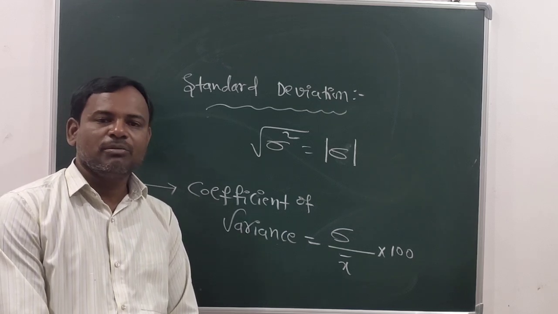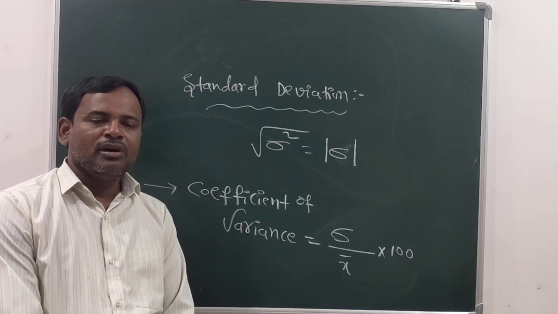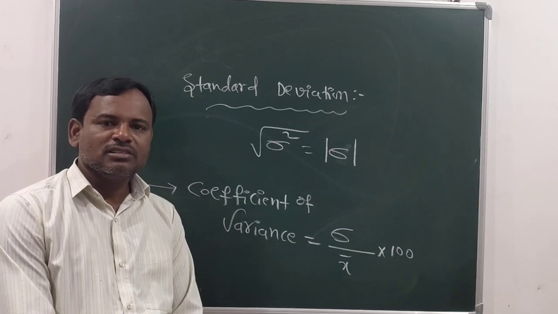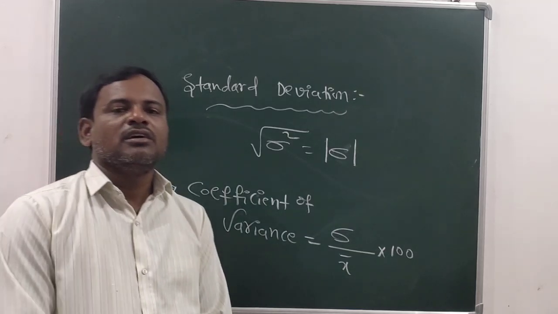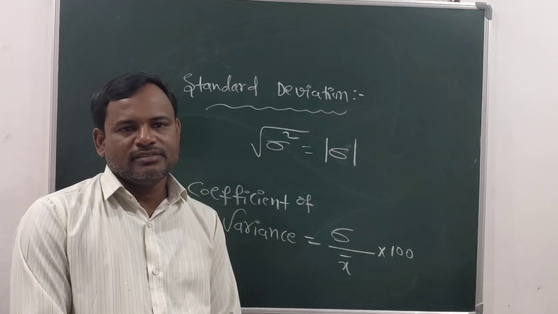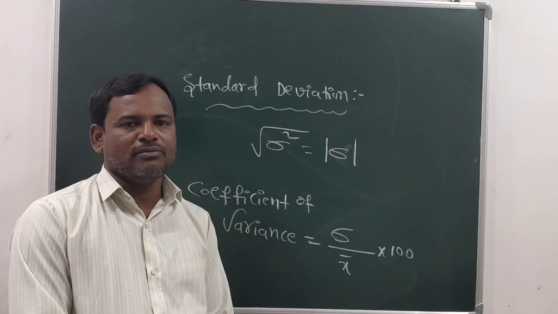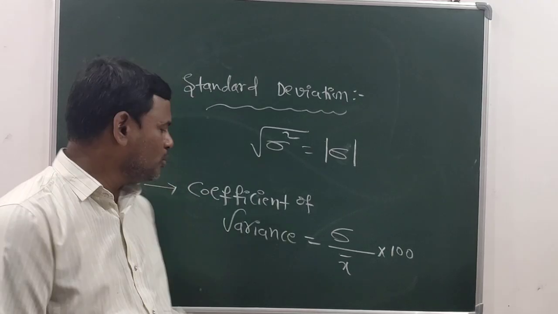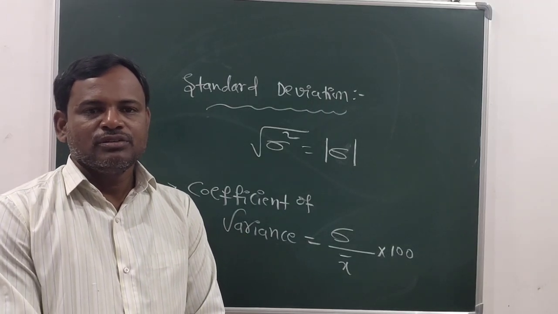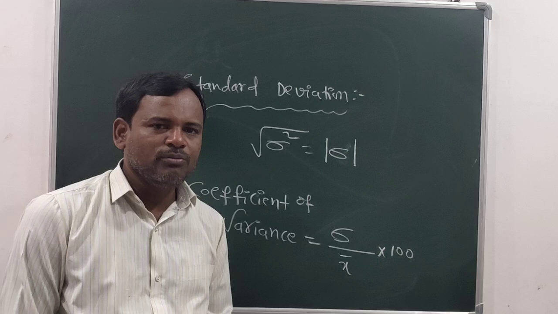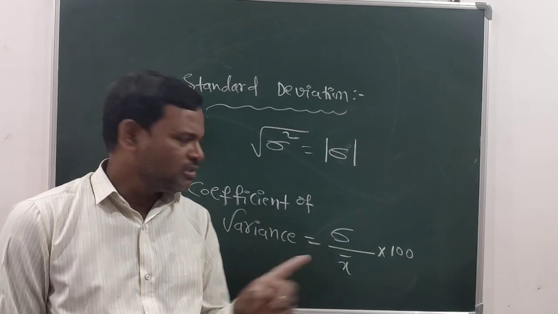Two datas will be given to you, and they will ask us to verify which is consistent, which is the preferable data. In such a case, you have to prepare this coefficient of variance for the two datas.